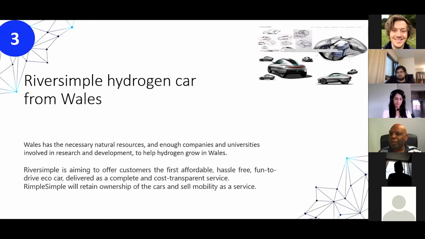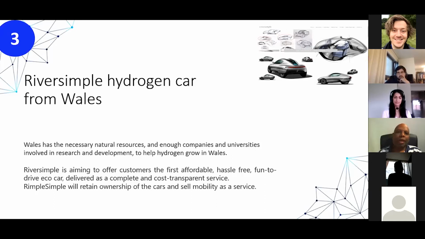So you pay for the miles that you use and you pay a certain amount. It's like how you rent from Europcar or any of these rental companies. So you rent a hydrogen car and it's super clean, and it's very friendly for the ecosystem, so that's really good.